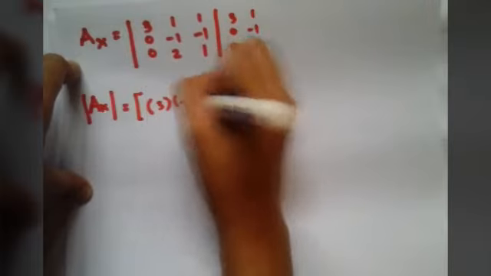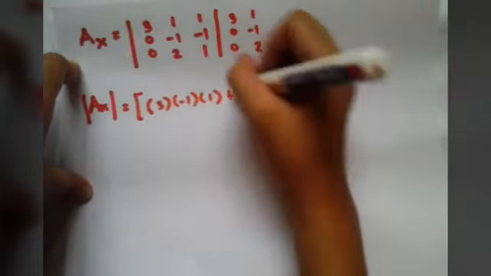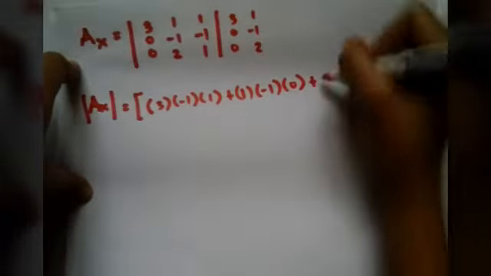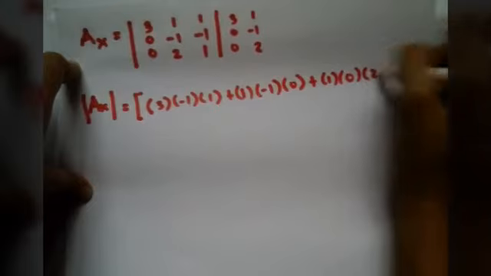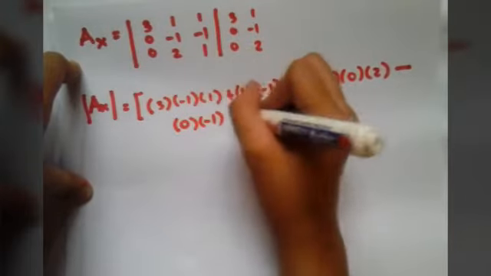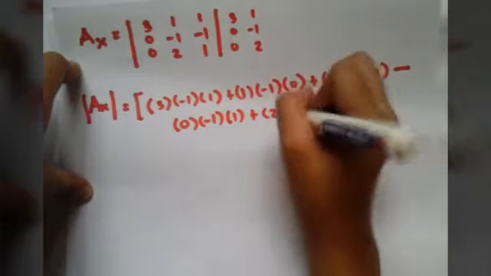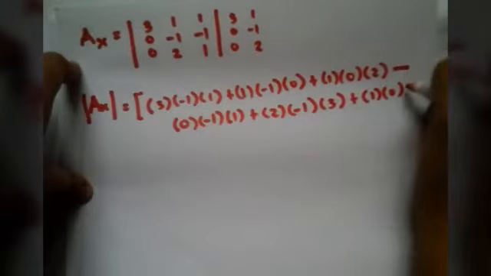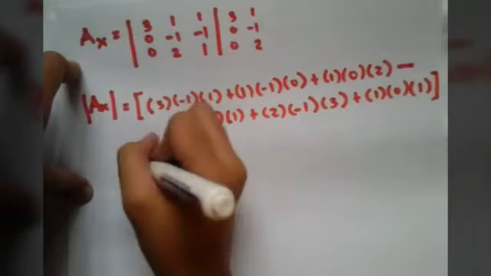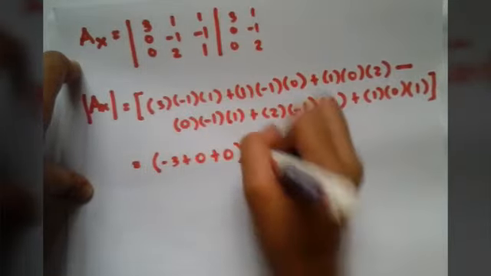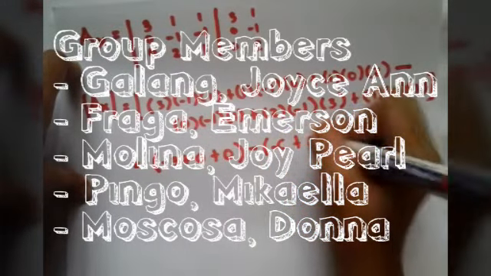So, it will be, first diagonal, 3 times negative 1 times 1 plus 1 times 0 times 0 plus 2 times 0 times 1, minus, next, 0 times negative 1 times 1 plus 2 times negative 1 times 3 plus 1 times 0 times 1, will be equal to negative 3 plus 0 minus negative 6 plus 0.